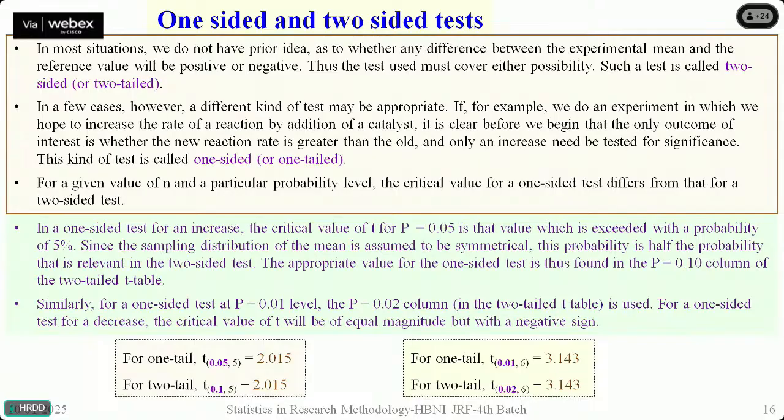These are the two ways. Here in this case, significance level is written as fraction 0.05 and 5 degrees of freedom. So this way you can read through. You have to choose whether you are going for one tail or two tail. Accordingly, you can read through the table.